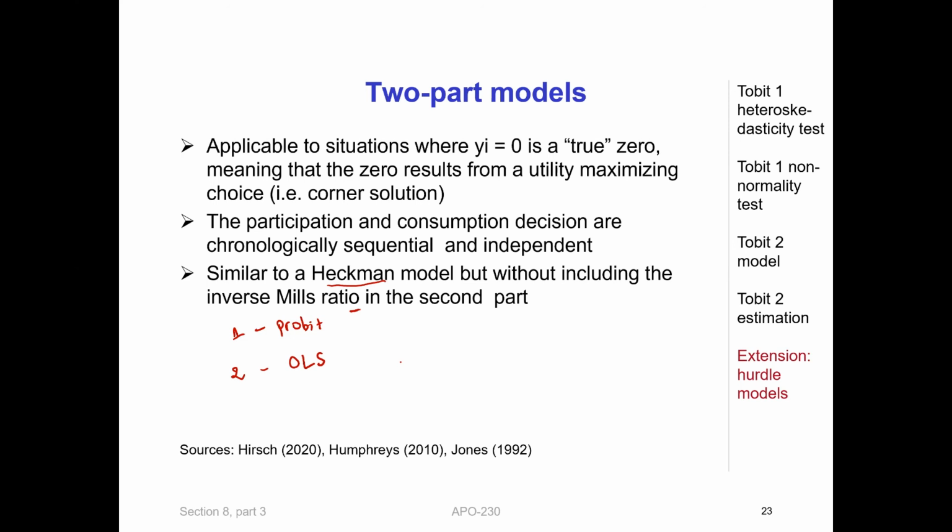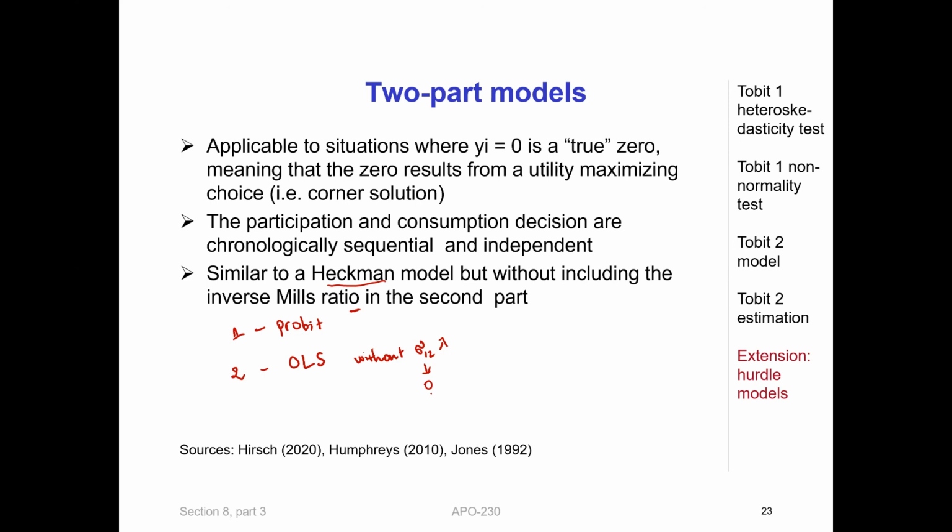So for the second step, you don't include lambda in there. Why? Because we assume that there's no correlation, so this sigma 1,2 is 0. So there's no such thing in the two-part model, which makes it rather simple, straightforward, intuitive, and could be helpful in some cases. Of course, provided that your assumption about the uncorrelated error terms of the two latent variables is valid.